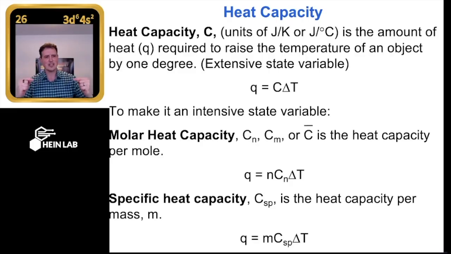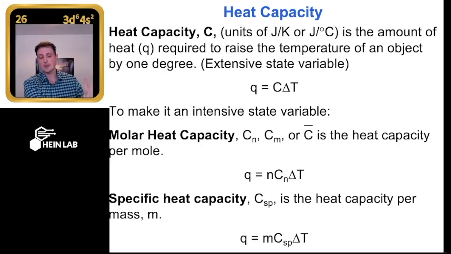Which of these three is an extensive variable, one that will change based on the size of the system I'm talking about? C, Cn, or Cm? Yeah, C is extensive. It's talking about the heat change for an object.